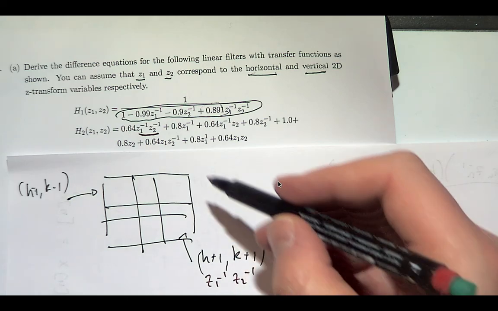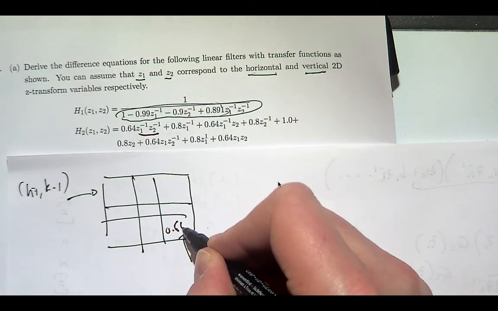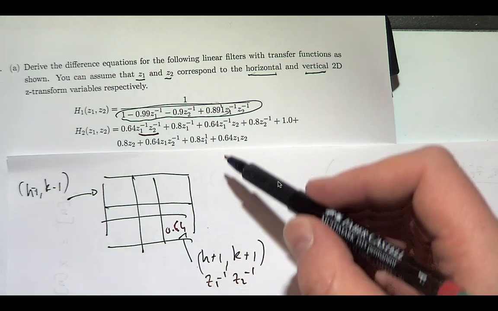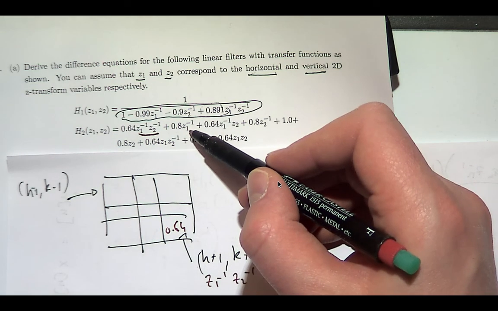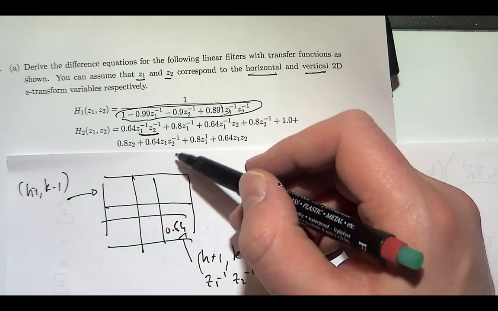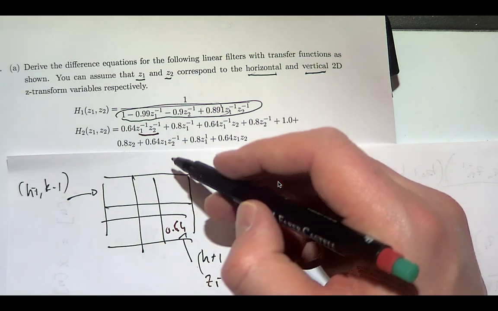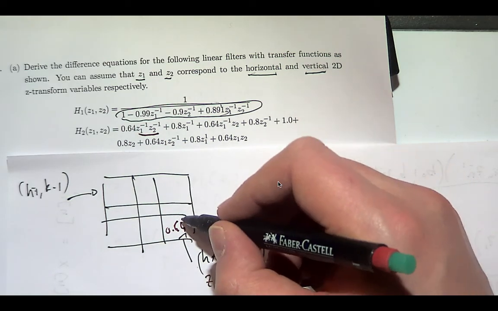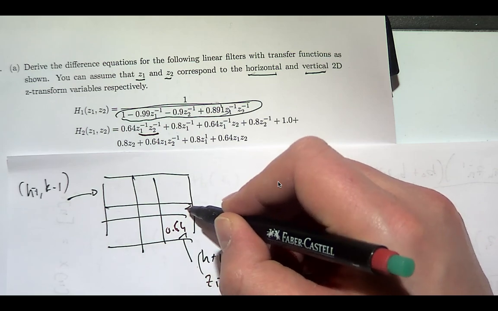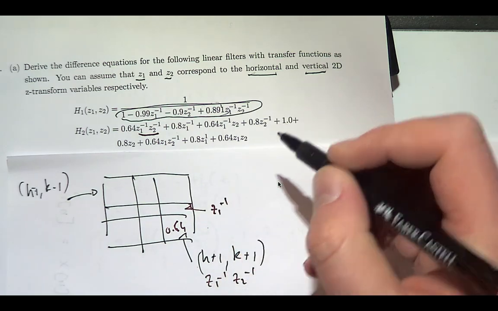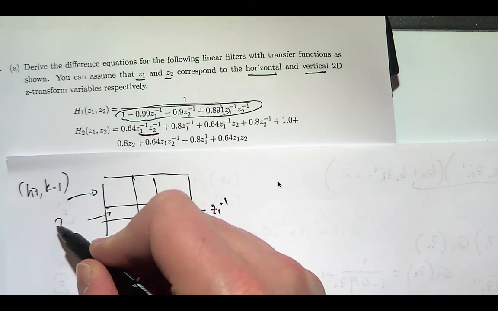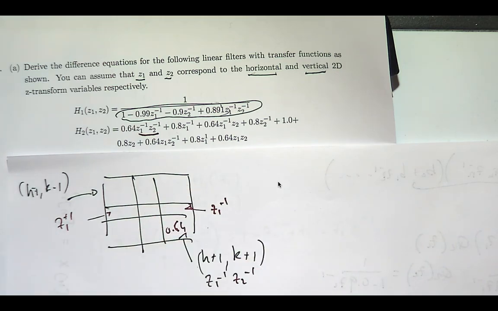So I can say here I have 0.64. Okay, so here I have 0.8 times z1 minus 1. So z1 minus 1 would be here. Okay, so that would be z1 minus 1. That would be z1 plus 1.